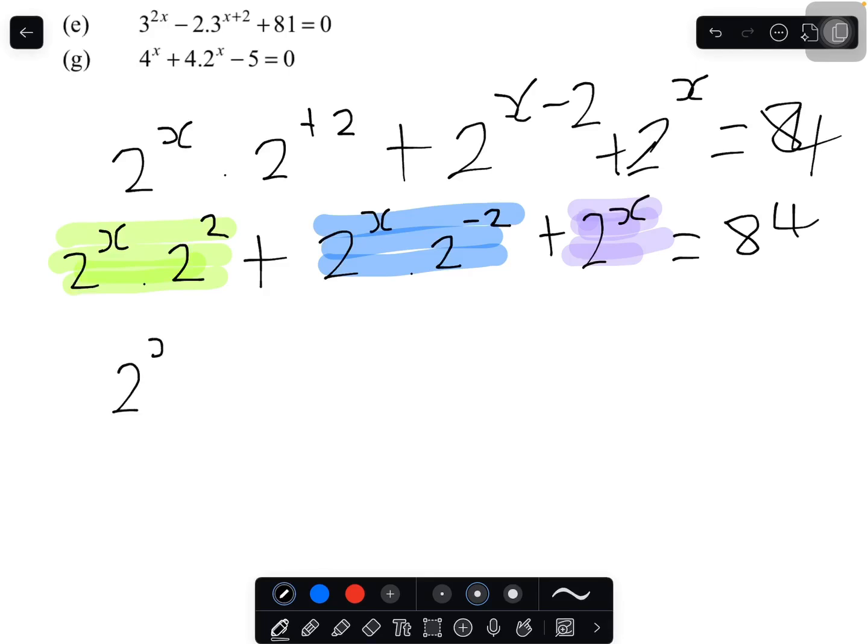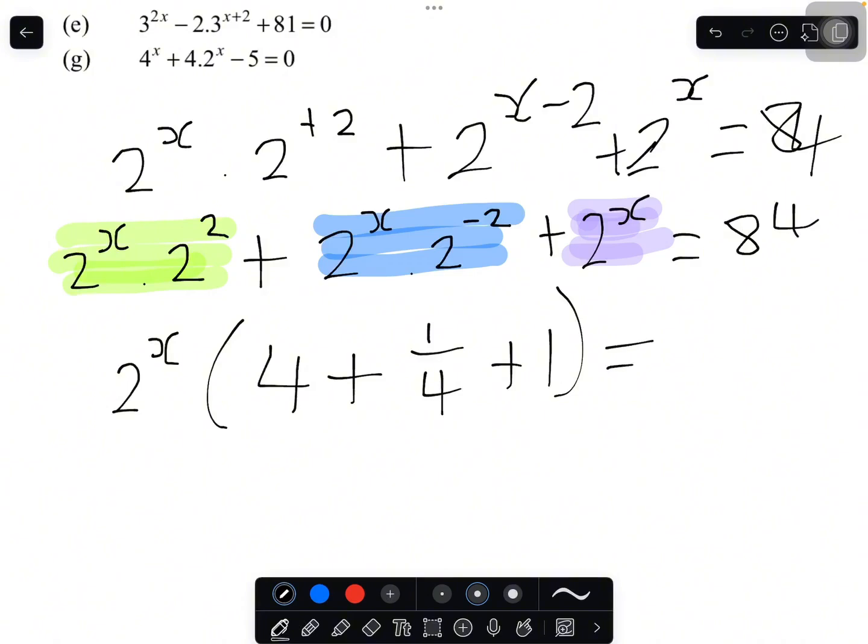So I have 2 to the power x into 4, plus 1 over 4, which is the same as 2 to the minus 2, plus 1 equals 84.